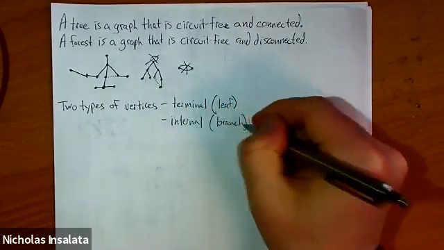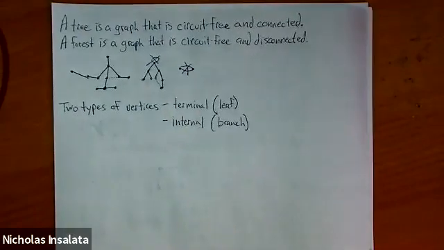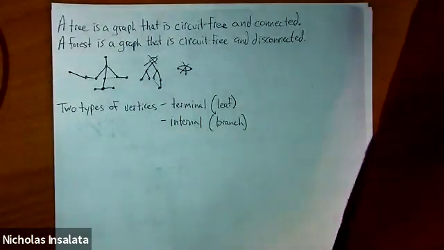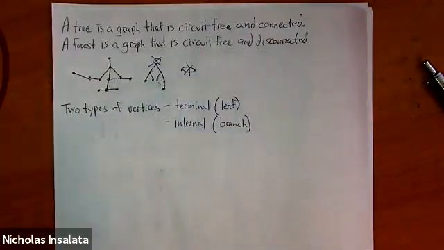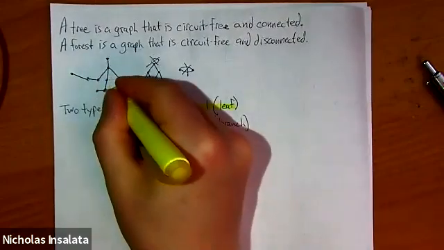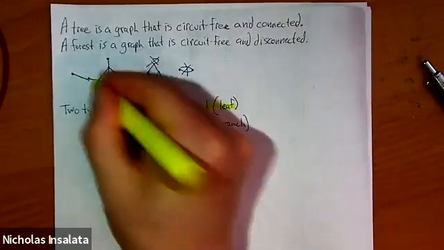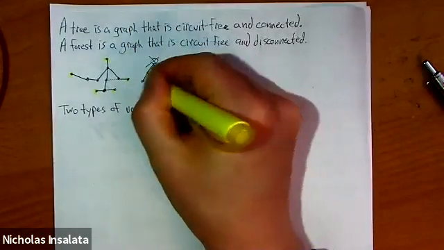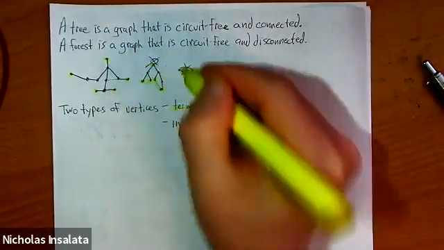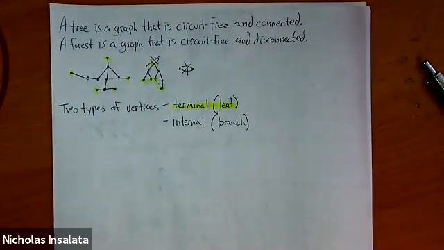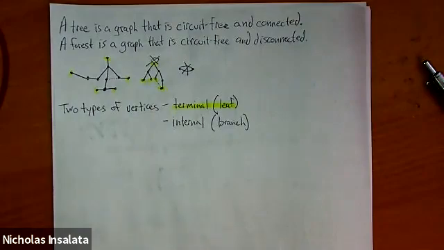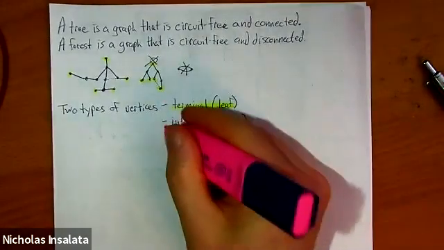And it's really easy to tell these two kinds of vertices apart. Let's do some highlighting here. So the terminal vertices, those are these ones. And then the internal vertices, those are these ones.